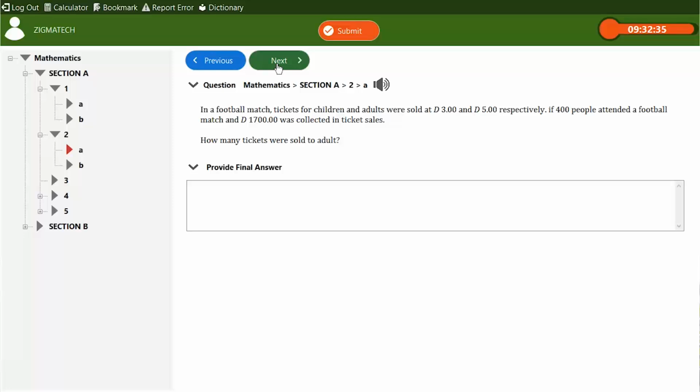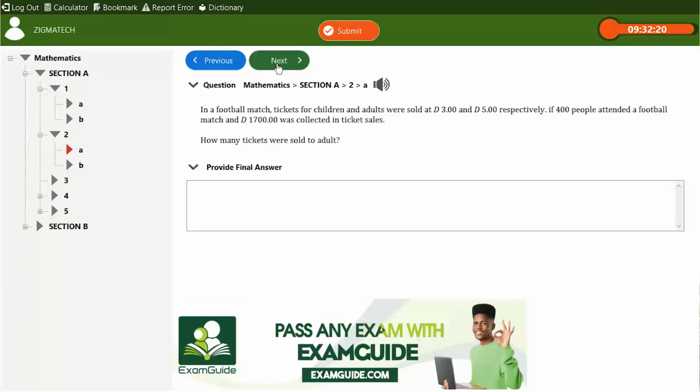You can now see 400 people attended the football match and D1,700 was collected in ticket sales. Let the correlation connect each other. You can see D will go for D, and the unknown will also go for unknown.